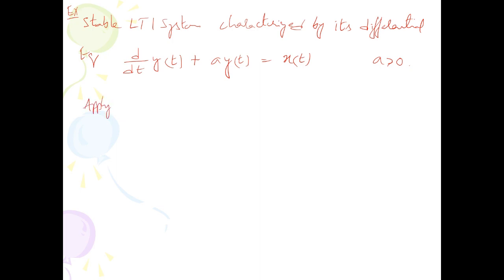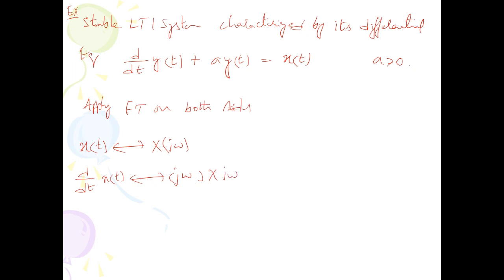Apply Fourier transform on both sides. So x of t will have Fourier transform x of j omega. Similarly, d by dt of y of t will have Fourier transform j omega into y of j omega, by the differentiation property. Now this is j omega into y of j omega plus a into y of j omega, which will be equal to x of j omega.